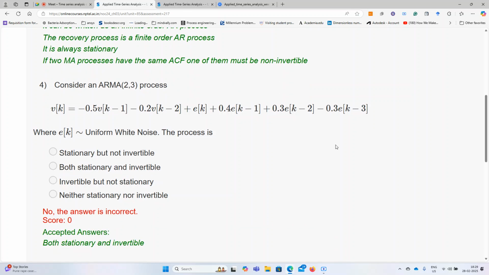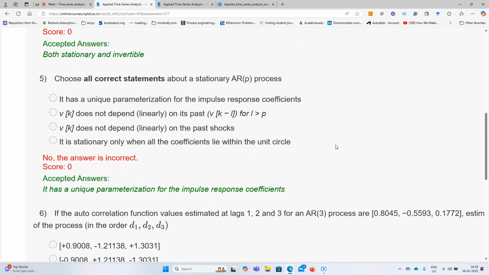Otherwise, if it had been non-linear, it is not always consistent that you have to add all the white noises or the random signals. You may be able to add in a non-linear system also, but it's not necessary. And that is why, for simplicity, sir has chosen linear processes.